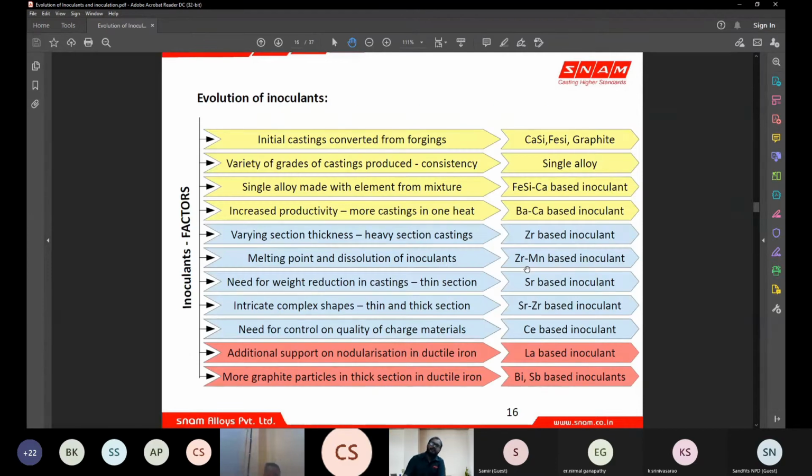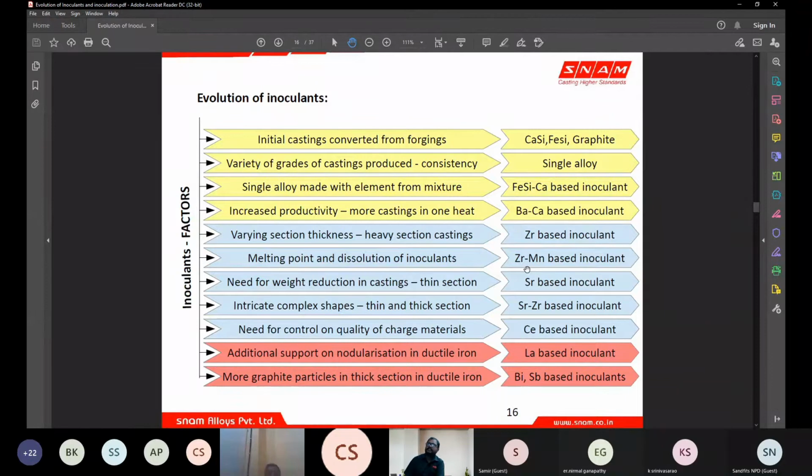So we have tried to present the evolution chronologically. When castings initially replaced forgings, the requirement was for the initial alloy inoculants, like calcium silicide, ferrosilicon, and graphite, a mix of all these three. When a variety of casting grades came into the picture, the requirement became consistency.